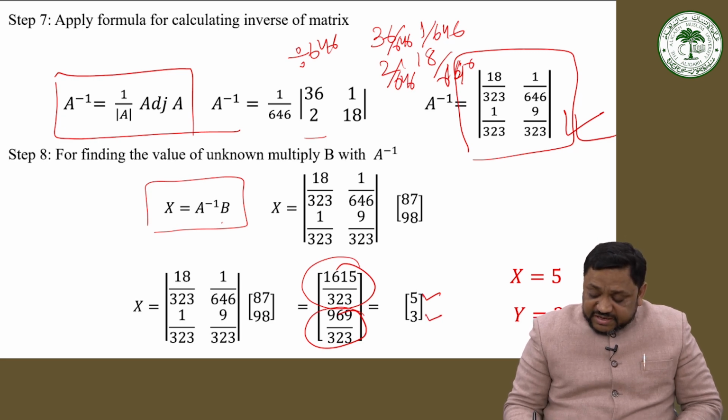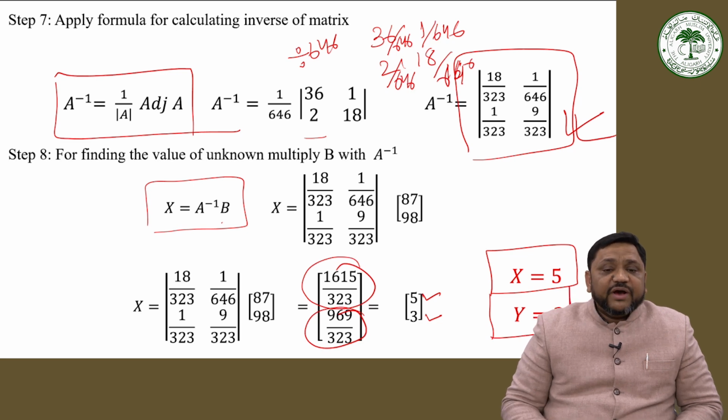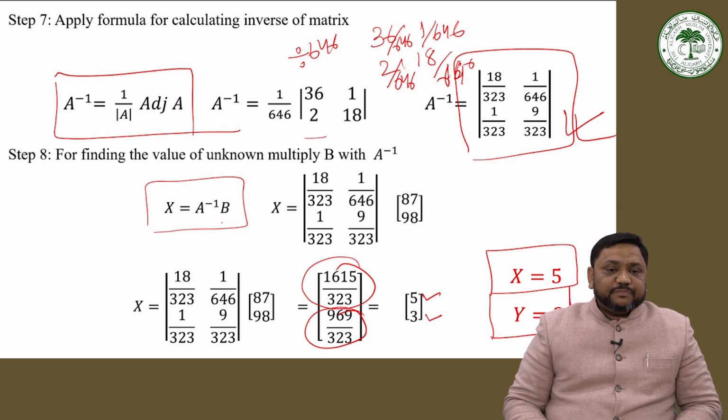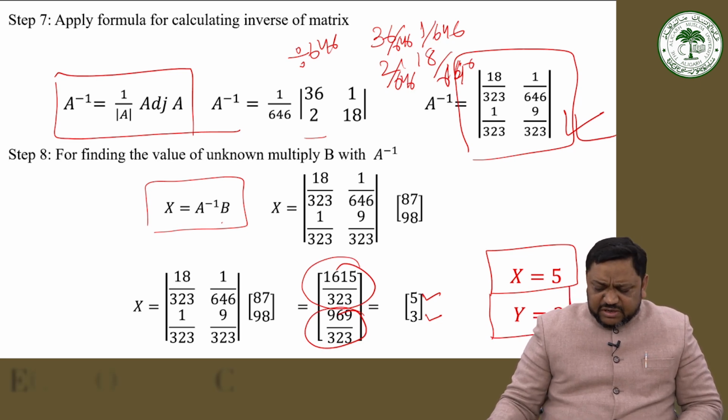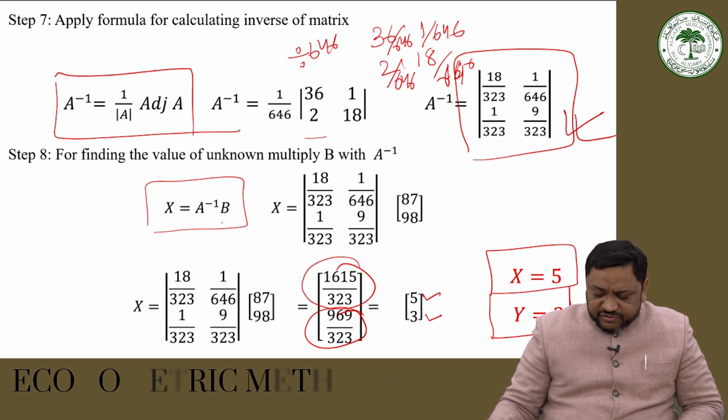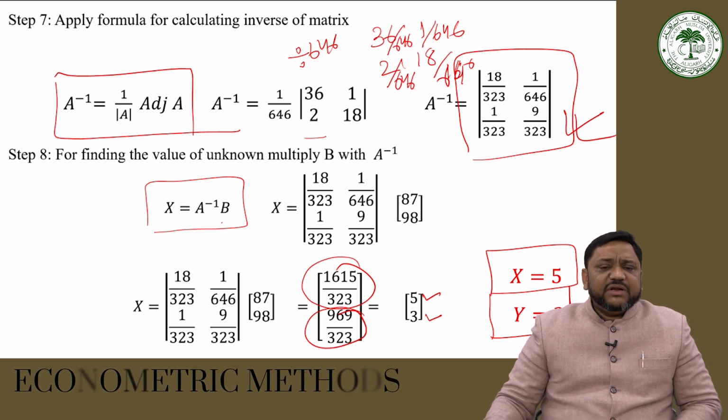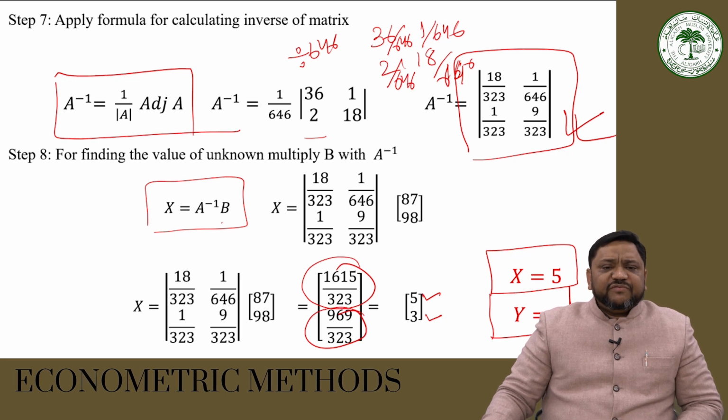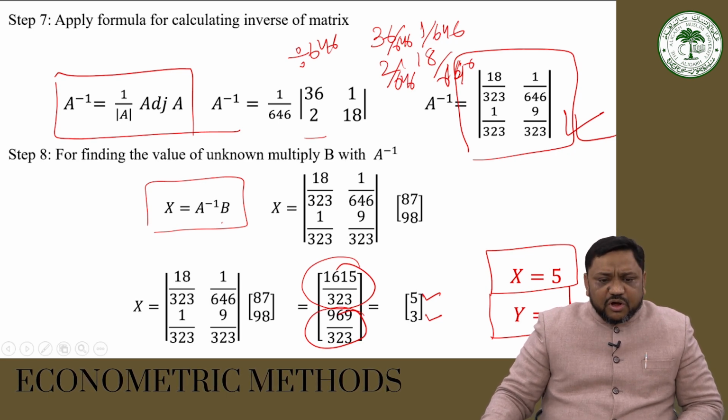So the value of x is equal to 5 and the value of y is equal to 3. This was just a brief discussion on how to find the inverse of a matrix and how to use that rule to solve simultaneous equations.